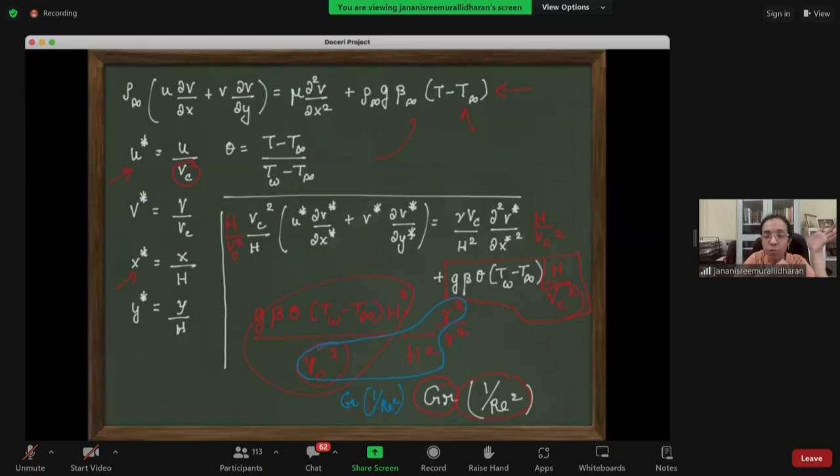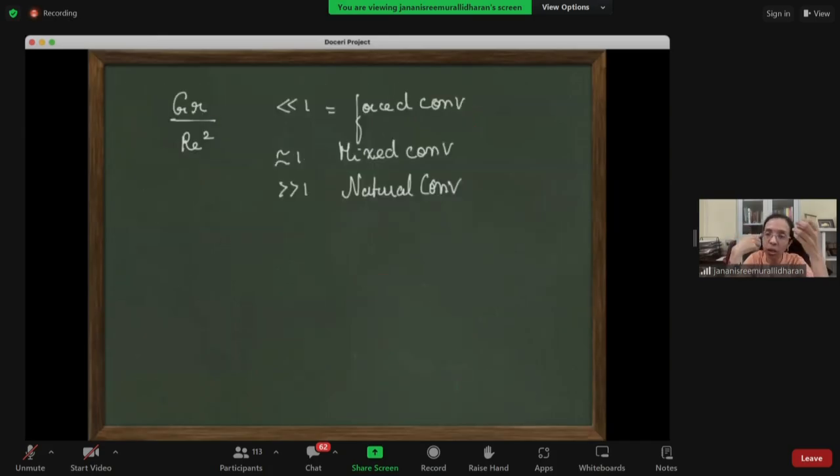And one is the Grashof number, which is the temperature difference versus the flow, so viscous force, right? So then you have a competition between two. One is forced convection and the other is natural convection. So if your Grashof by Re square, that product, is less than 1, then this is a forced convection system. If it is much, much greater than 1, then it's a natural convection system. Otherwise, it's a mixed convection system.